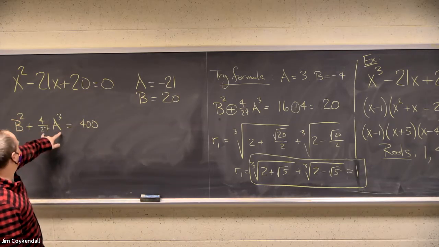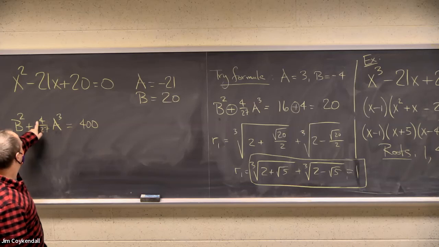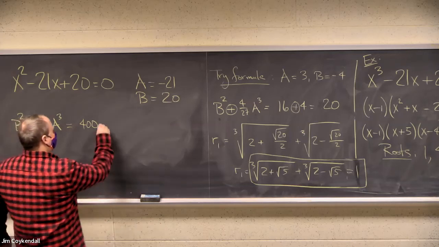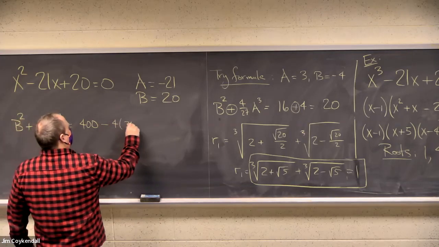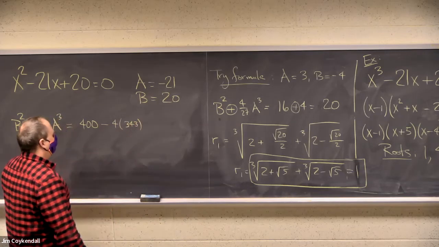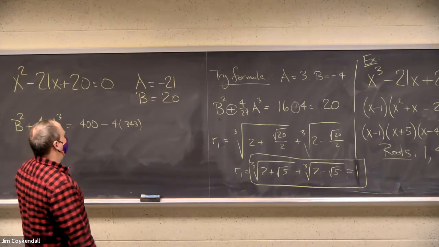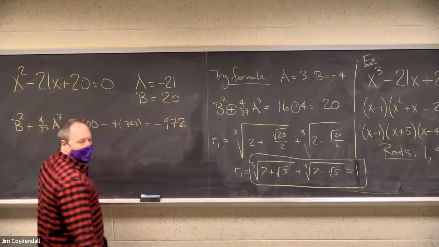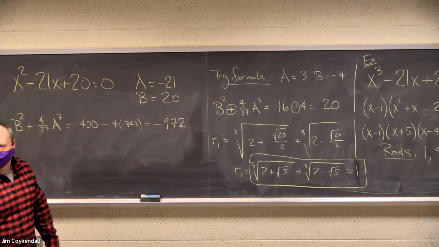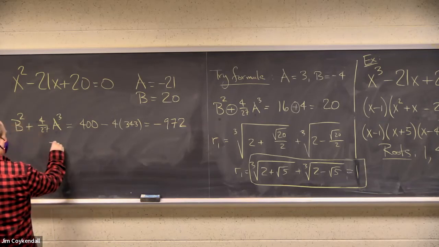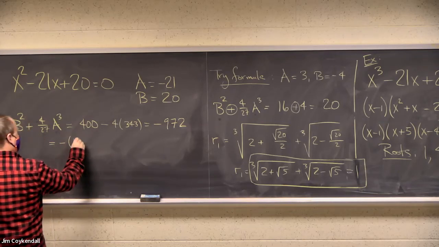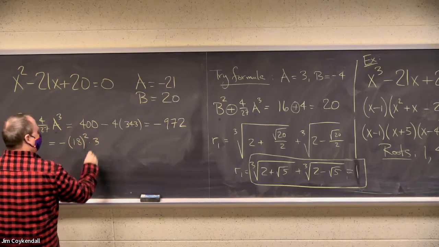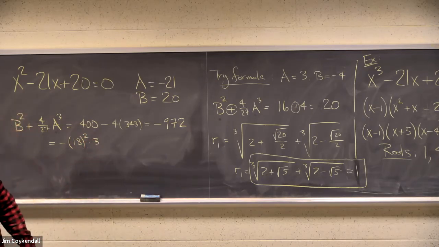So when you cube the 3 out, it's going to cancel that. So this is going to be 4 times -7 cubed. And that is 1,372 minus 972, which is -18 squared times 3. Right.